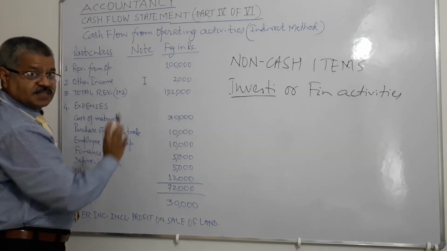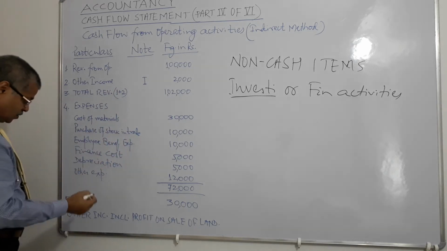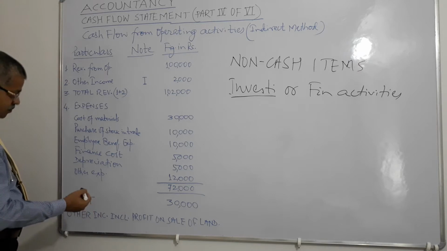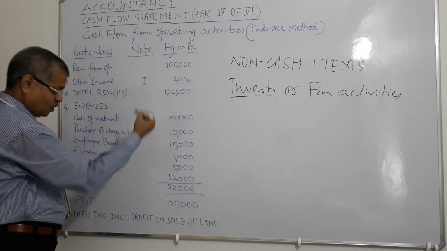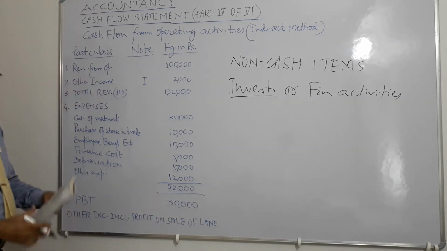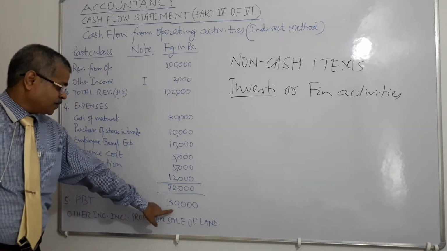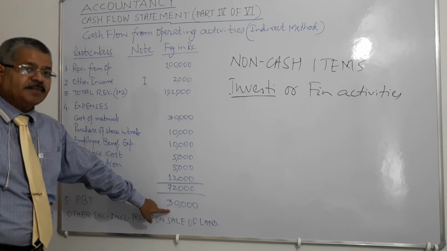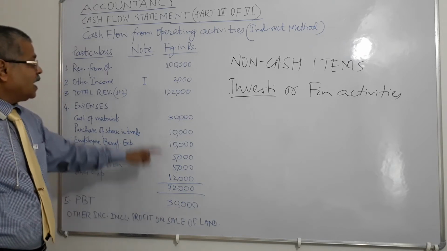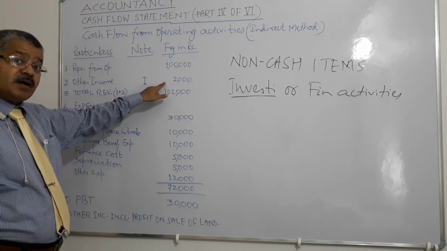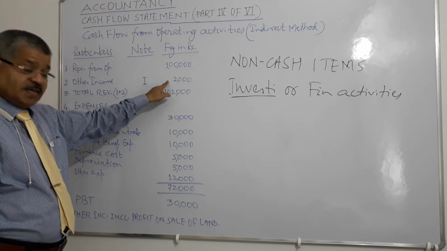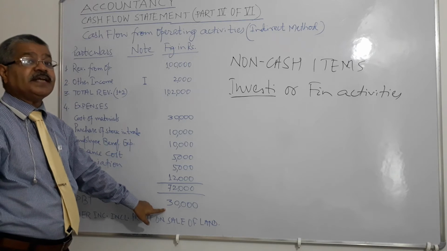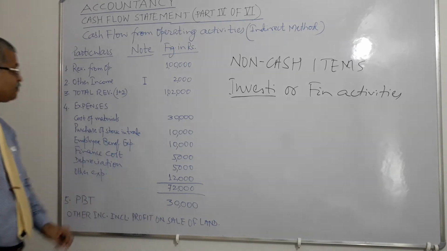Either we don't consider it as income, or we take it out of this income, because this has been arrived at 30,000 after considering this other income of 2,000. So if we don't consider this income, it will become 28,000, right?